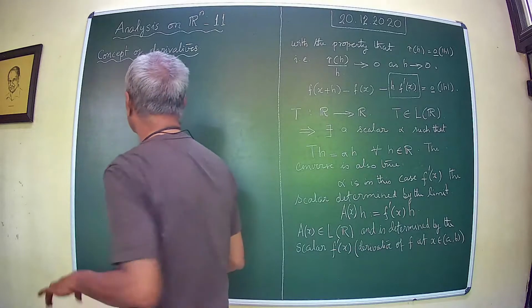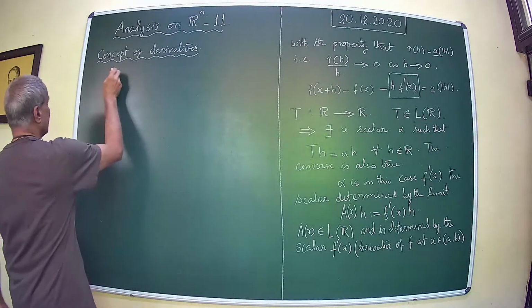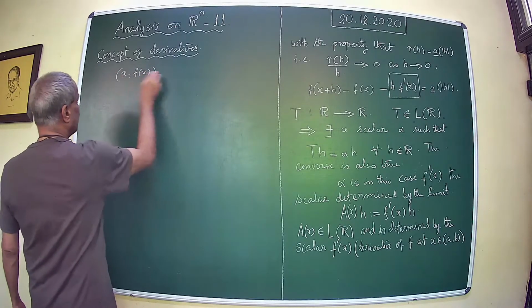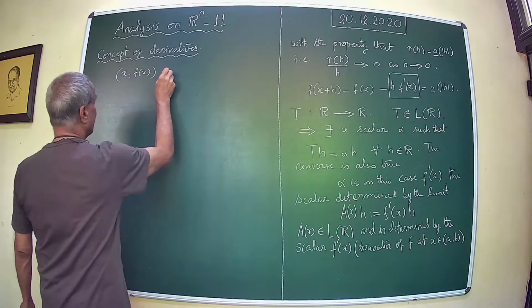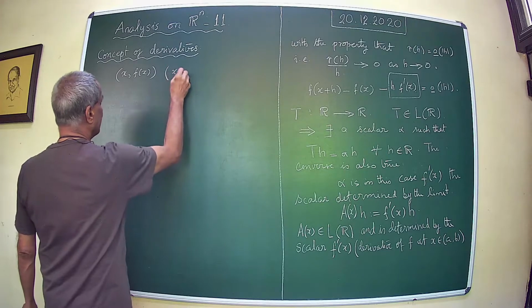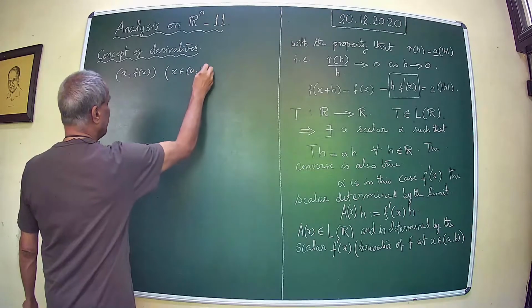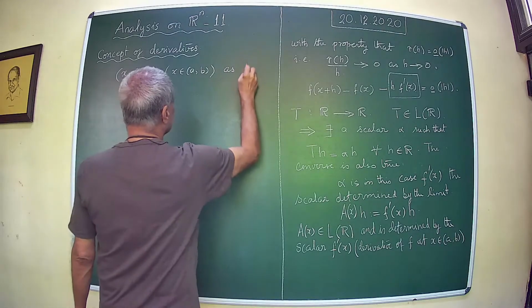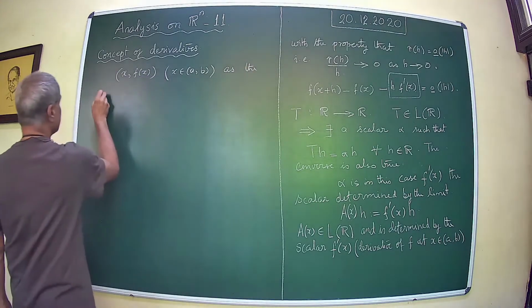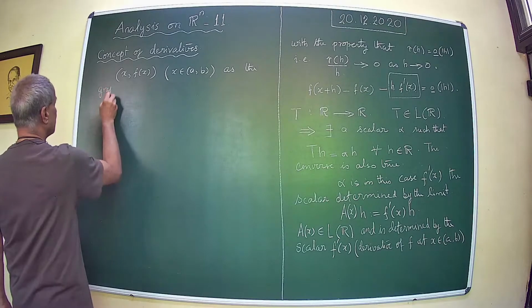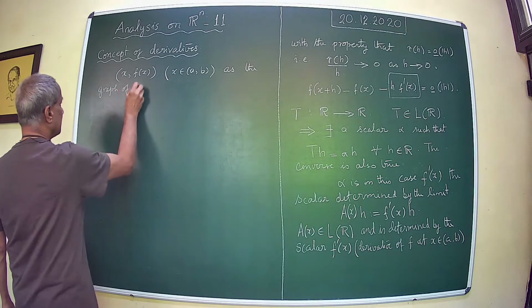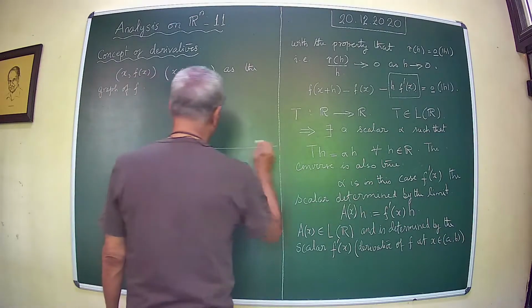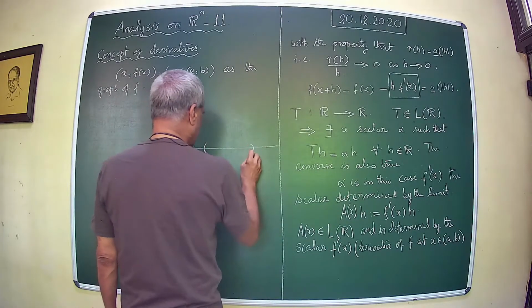You can interpret x, f of x for x belonging to the interval AB.